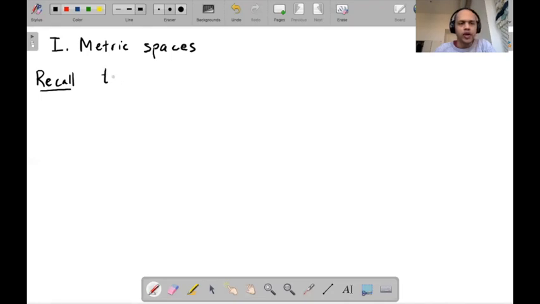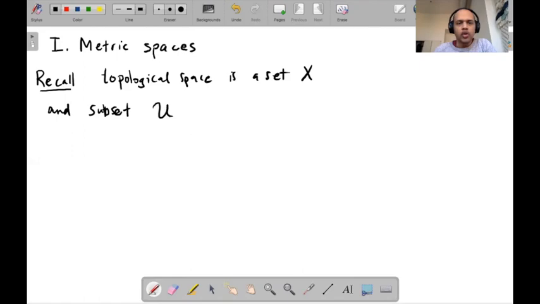So a topological space X is, let me say it this way, a set X and a subset U of the power set of X. So I'm going to state this definition a little differently than I did last time.